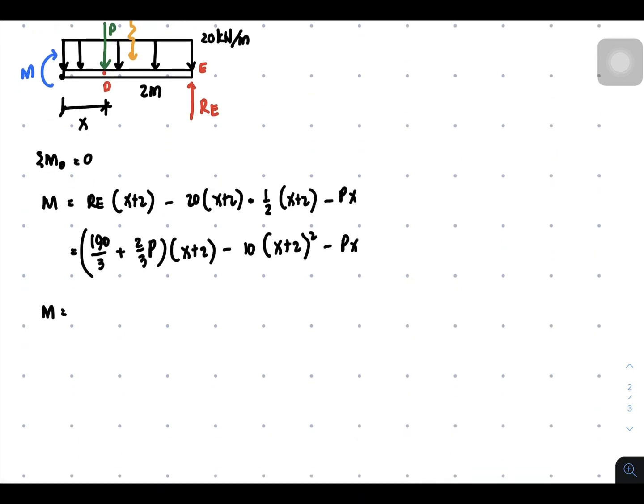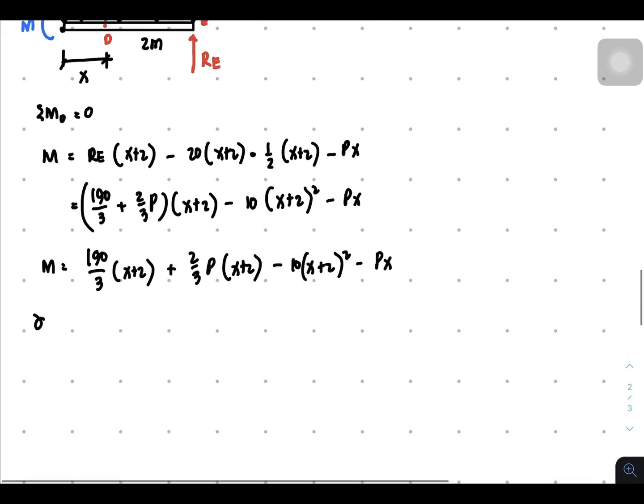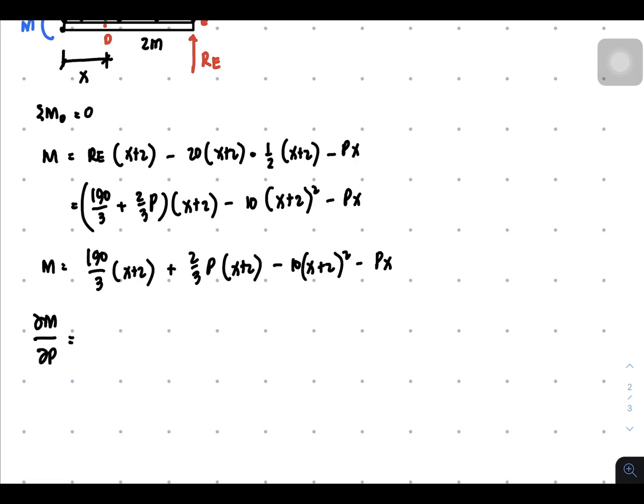And finally, it's going to be 190 over 3 x plus 2 plus 2/3 of p x plus 2 minus 10 x plus 2 square minus px. And then get the partial derivative. So we're gonna set this to 0 temporarily, tanang walay p.